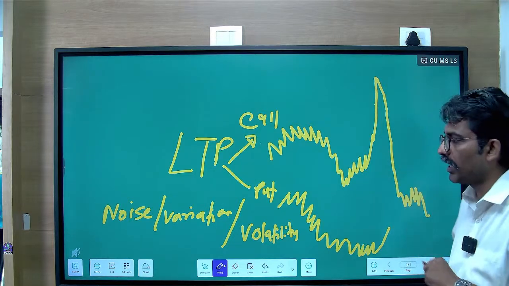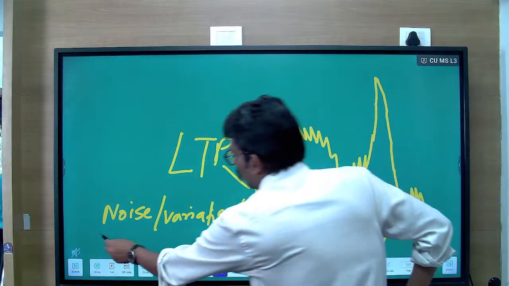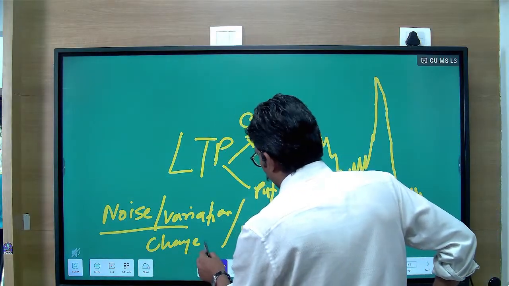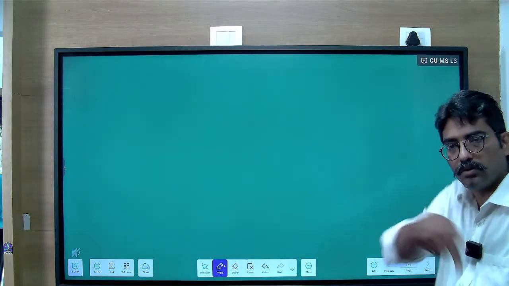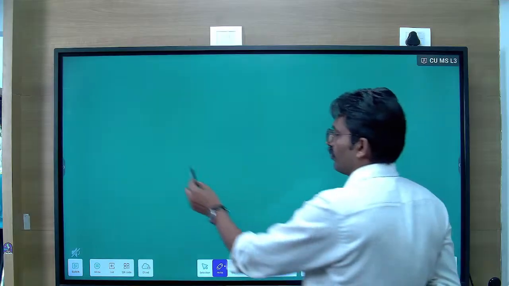So the change in the price is also known as volatility. Now volatility, if you are downloading yesterday's file, relates to a function.